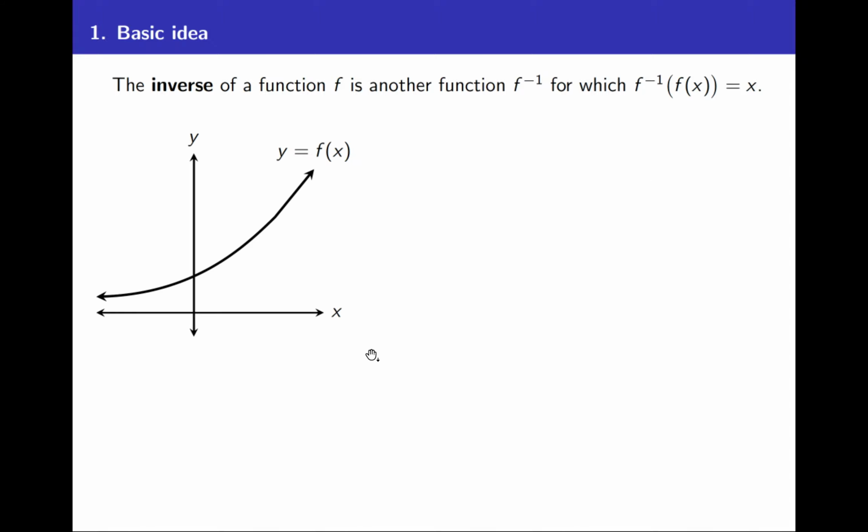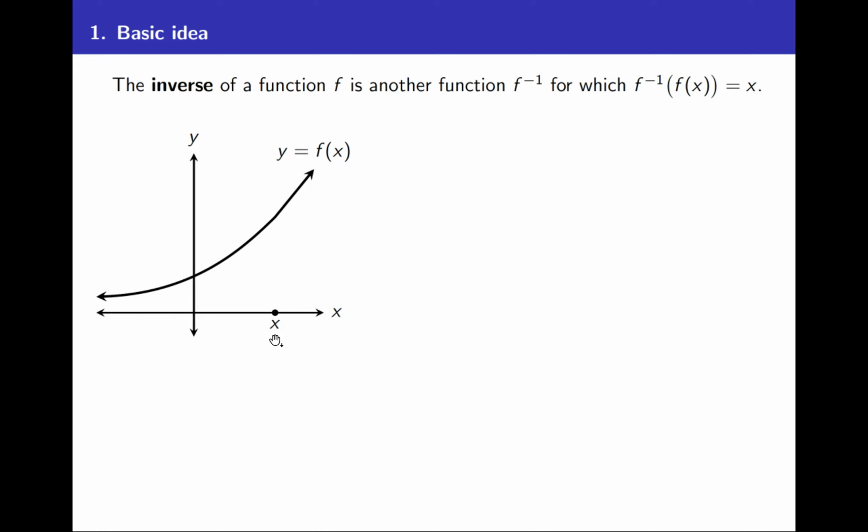You can think of it this way. Suppose you have a function f of x, and you take its graph. We'll talk about how to think of f inverse from this graph. First of all, think about f. How does f work?